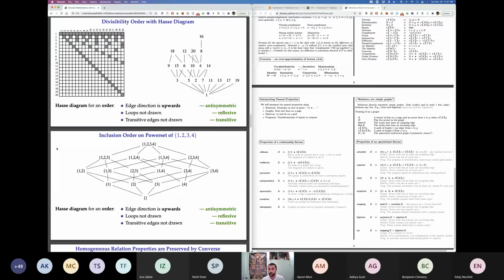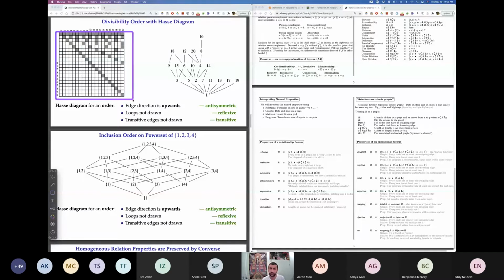So another way to, of course, see graphs is as matrices. Matrices that have a 0 or 1 in the elements, or if you like, they can be either turned on or turned off in this graph right here. Notice this graph is for the divisibility order from assignment 2.